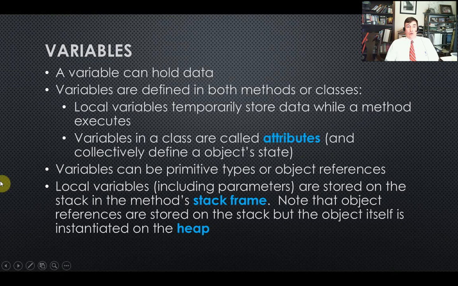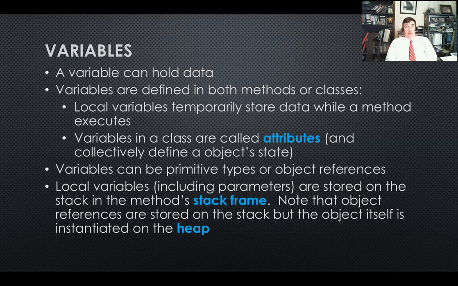So variables. What is a variable? A variable is a means of holding data. Variables can be defined both in a class or in a method. If a variable is located inside of a method, it's considered a local variable that temporarily stores data while the method executes, which means that the memory allocated to store that variable is put on the call stack.